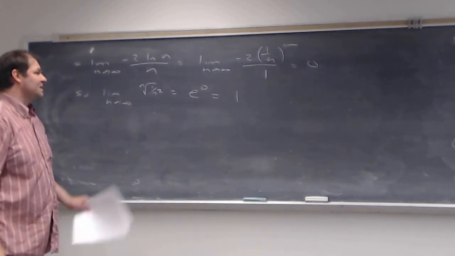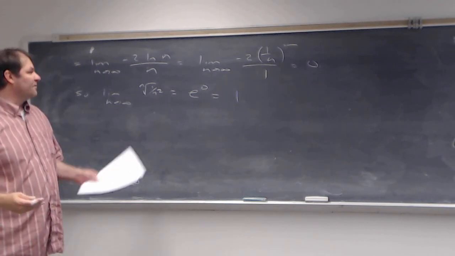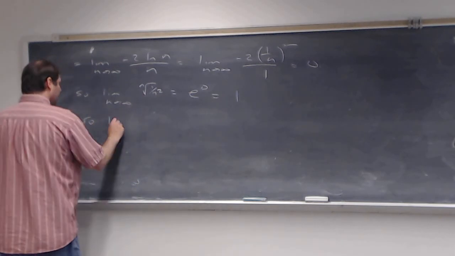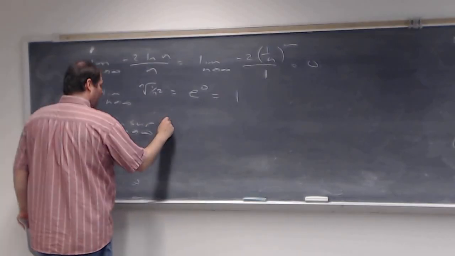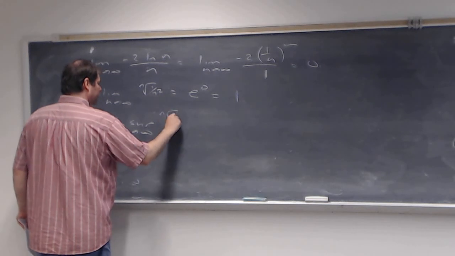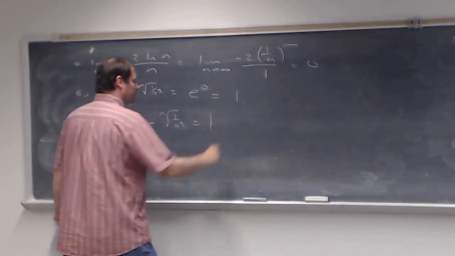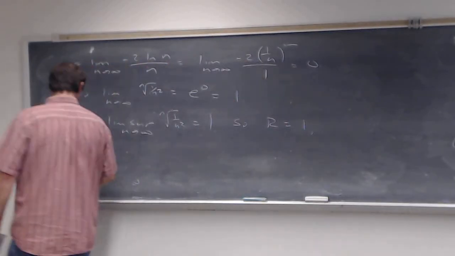Now, since this limit is equal to 1, that means every subsequence of it will also converge to 1. So that says the lim sup as n goes to infinity of the nth root of 1 over n squared is going to be equal to 1. Okay? So it means r is equal to 1 by that previous theorem.